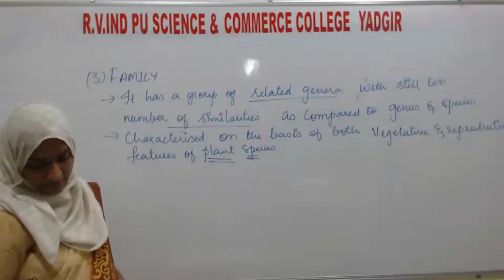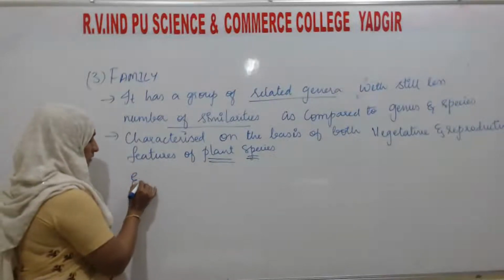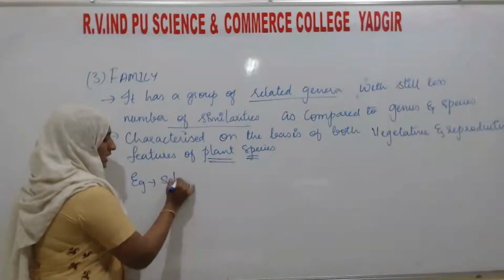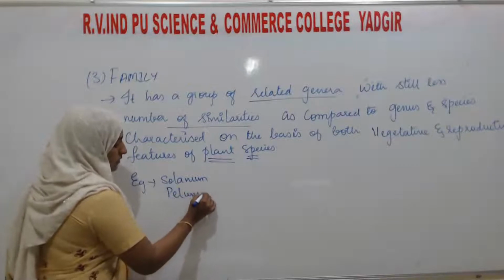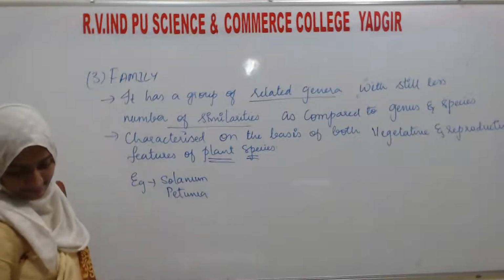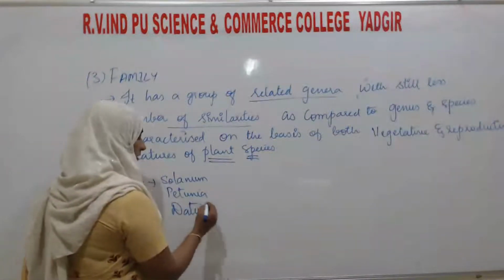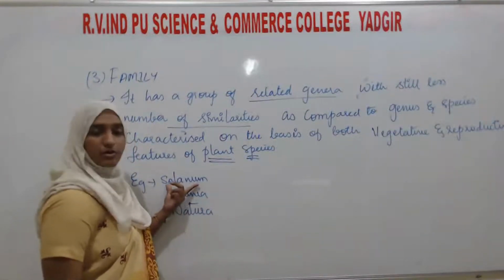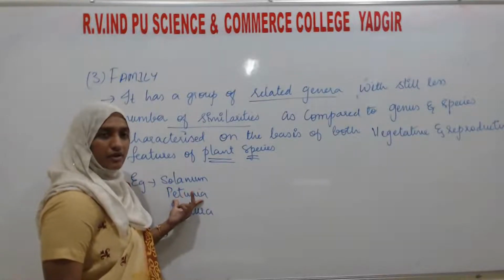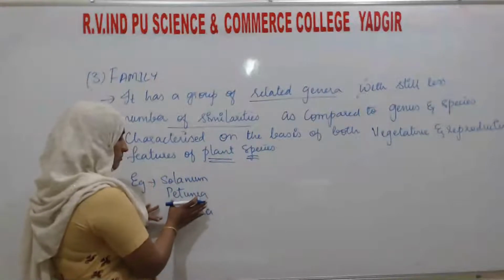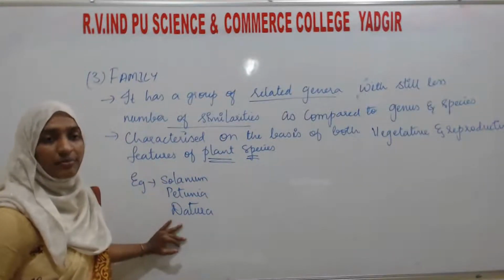One example is there, that is Solanum, Petunia, and one more, that is Datura. You are familiar with the word Datura, Solanum also, okay, and Petunia. So all the Solanum, Petunia, and Datura belong to the same family.